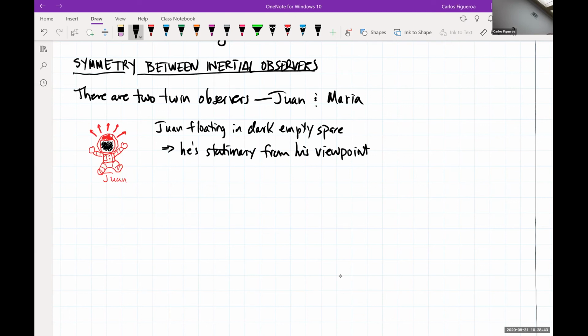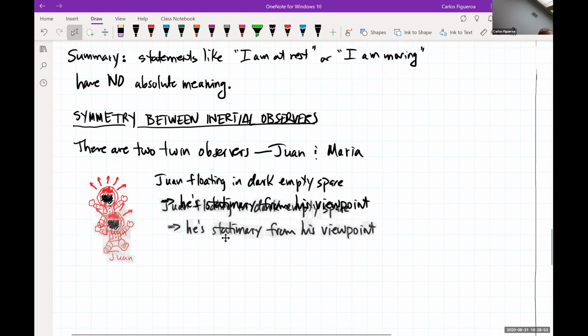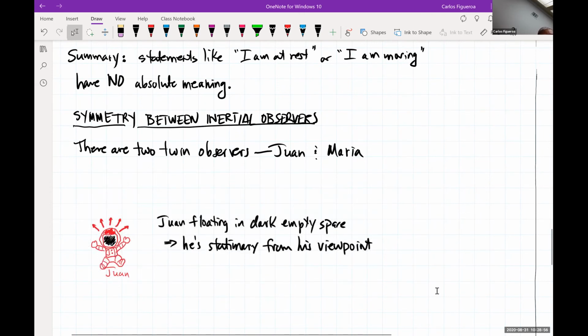So now I imagine the following scenario. You know what, I should change this a little bit. I'm going to move this down just a little bit. And I'm going to say this is Juan's frame of reference or viewpoint.